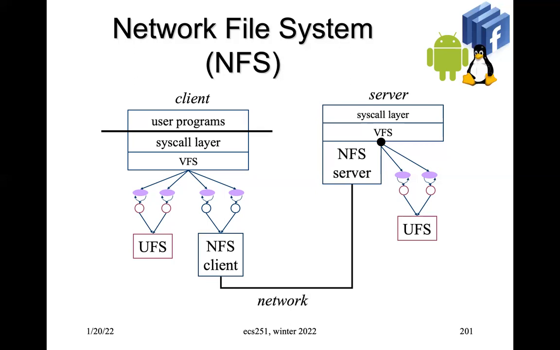So this is pretty much like your HW1 client and HW1 server. It will be forwarded to the NFS server, and the server realizes that this particular file is actually local, a real object on my machine. Then it transfers that call to another vnode interface, which is the UFS. So that's how NFS works under the vnode scenario.